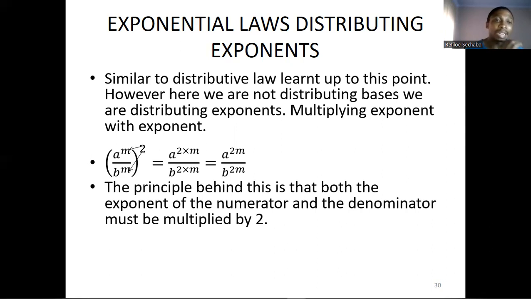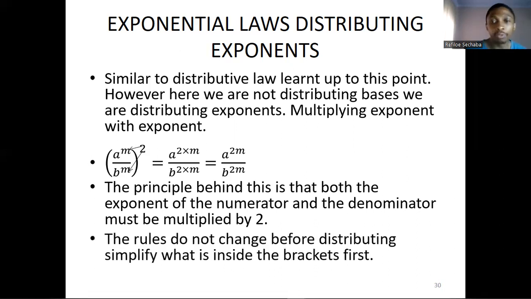But sometimes you'll have a number subtracted from a number, and there is no multiplication in between. Please note that multiplication will be expressed as a dot or simply the sign multiplication. Okay. The rules do not change before distributing. Make sure you simplify what is inside the brackets first. Before you distribute, simply make sure that you simplify what is inside the brackets first.